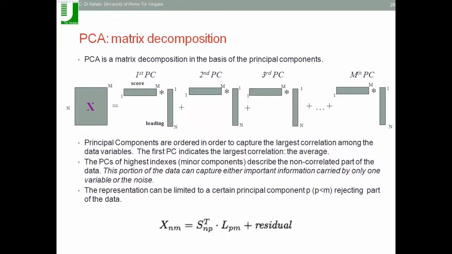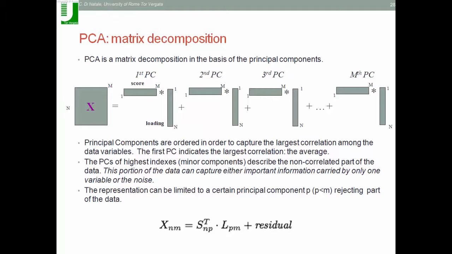If we cover all the n variables, we have n principal components, and we exactly reconstruct the original matrix. When we stop the decomposition at the first, the second, the third, and so on, we leave out some part. What is it? It is the uncorrelated part.